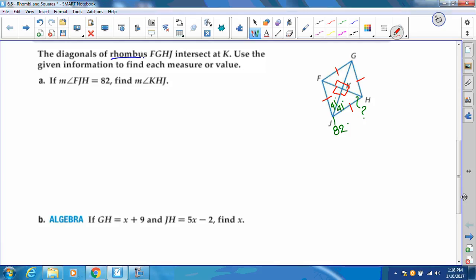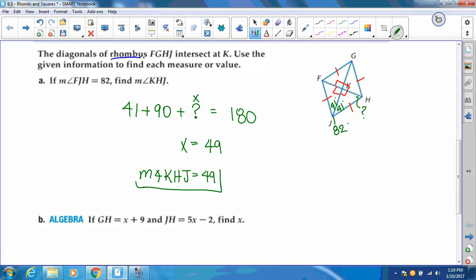So to find this missing angle, I have a right triangle. So 41 plus 90 plus your missing angle, which we could call X, is equal to 180. And so when you solve that, you would get X to be 49. So the measure of angle KHJ is equal to 49.